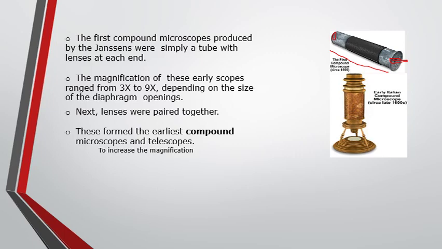So the magnification of these scopes ranges from 3x to 9x depending upon the size of the diaphragm. Next, they paired these lenses together for magnification, as in the early Italian compound microscope. These formed the earliest compound microscopes, and the main function of this microscope was only to magnify the object.